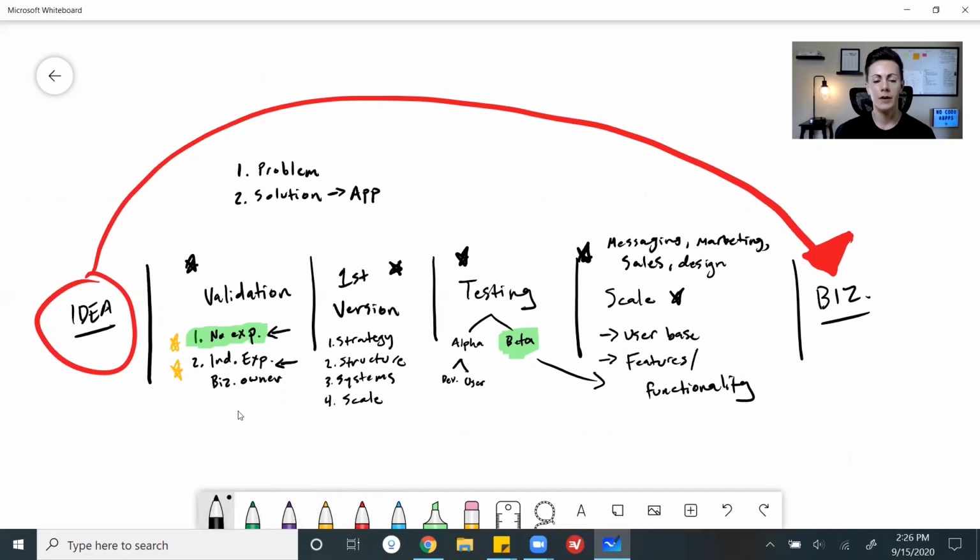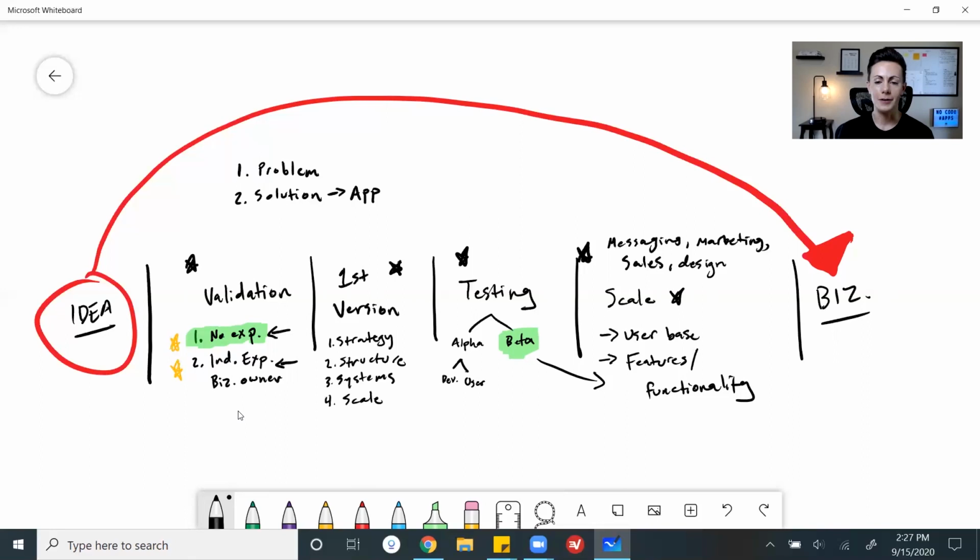Number one, if you are the type of person without that industry experience or knowledge, you don't work in the industry, you don't really have specific ties to it, and you try to go from just having this idea all the way over to now having an overnight success of a business, it's just not going to work.